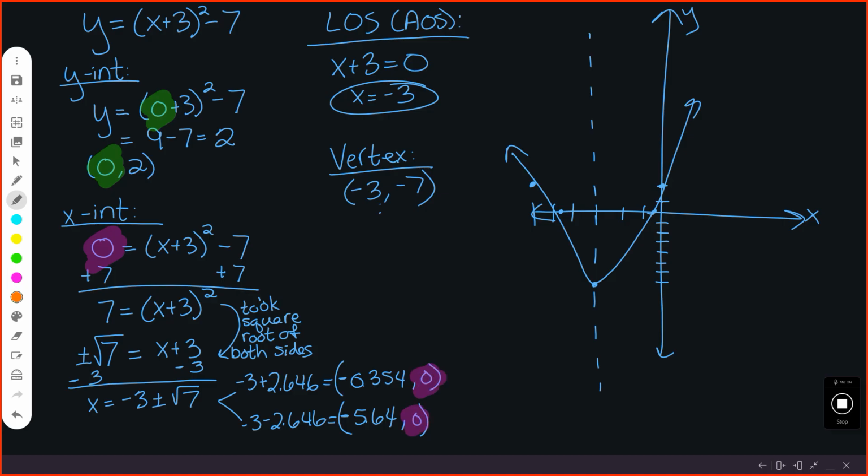Our vertex form for this is the opposite of that number, and then that number is what it is. So again, it just makes it a lot cleaner and easy to get to. That's it for vertex form, and that's my last video on graphing quadratic equations. I hope it was helpful. Thank you.